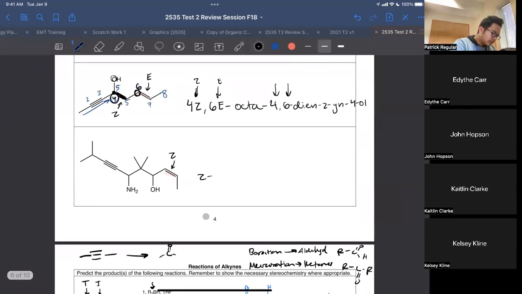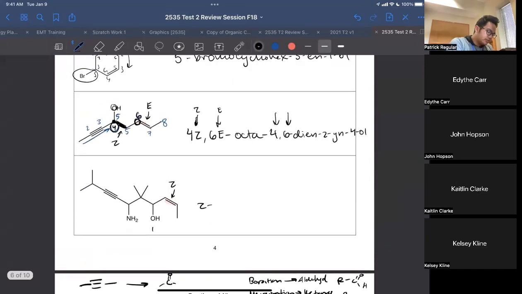All right, this last one. We have an alcohol and an amine. What is the priority group in this one? It's going to be the alcohol. 1, 2, 3, 4, 6, 8, 9.